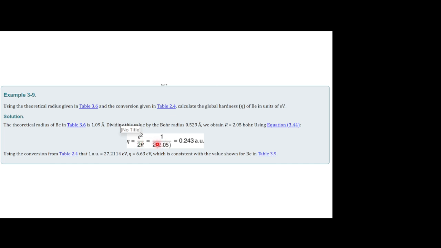We have 2 times 2.05, which is those multiples of the Bohr radius. And that's going to give us, for our hardness value, 0.243 AU, atomic units. So we divide the 1.09 angstroms by the 0.529 angstroms.